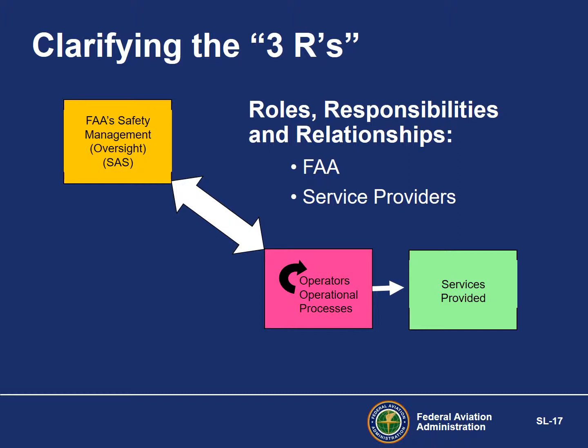Traditionally, the FAA accomplished oversight by way of numerous direct inspections of the service provider's operational processes. In short, we have provided the service provider with safety assurance, or we're more like quality control of their operational processes, not really an oversight job.